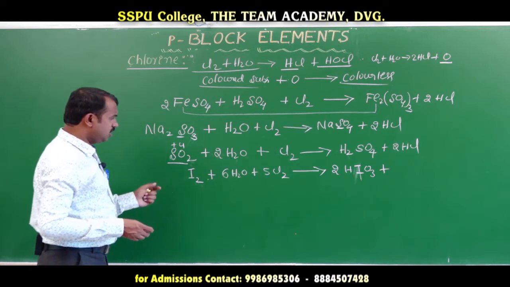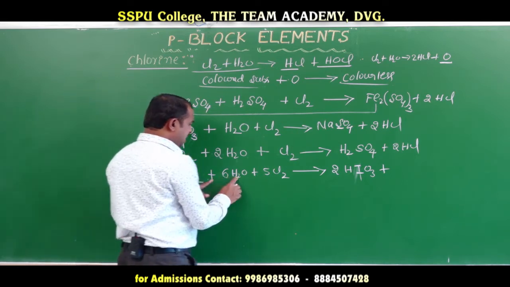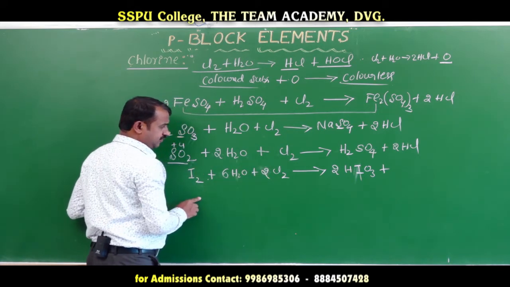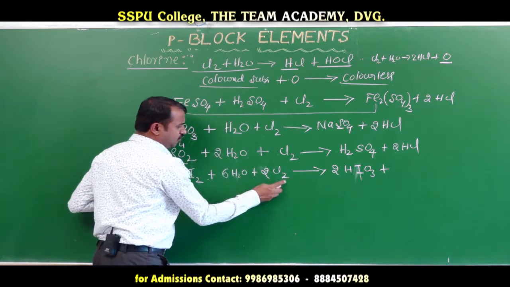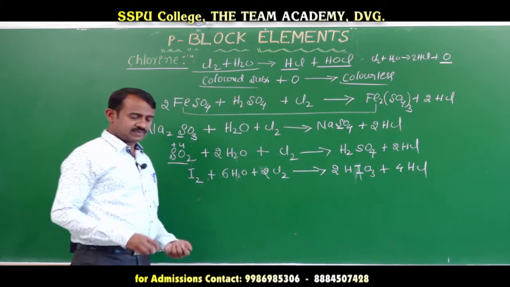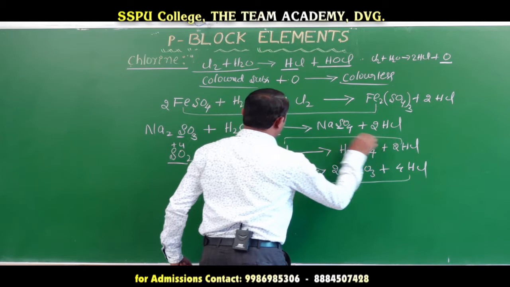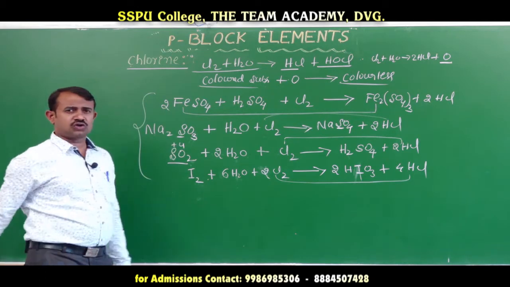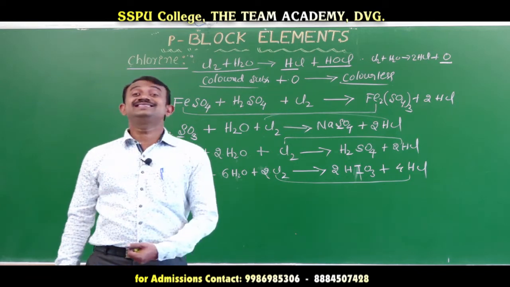Here 4 hydrogens remain, and with 2 molecules of Cl, that is 4 Cl and 4 H, releasing 4 molecules of HCl. Here chlorine goes to hydrochloric acid, chlorine to chloride. All compounds of chlorine derivatives act as oxidizing agents and also show bleaching action.